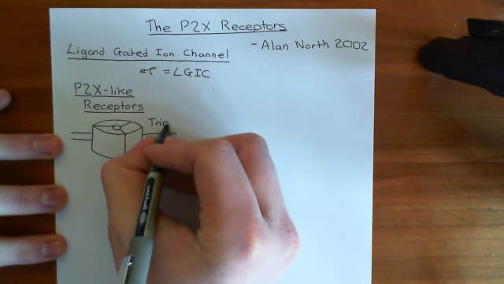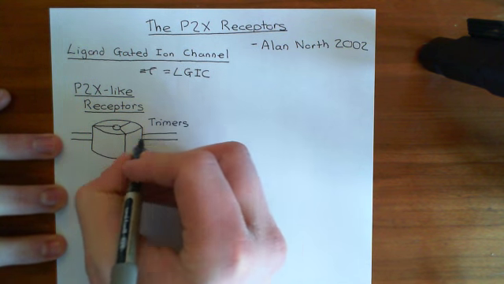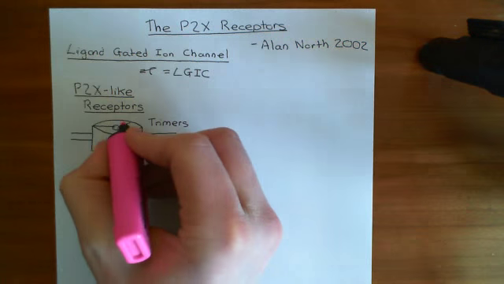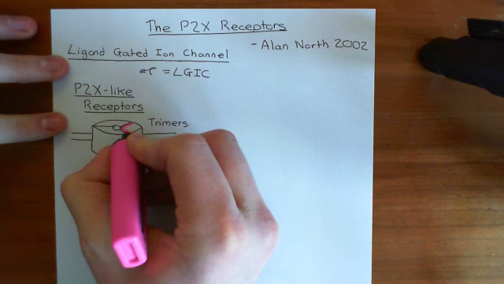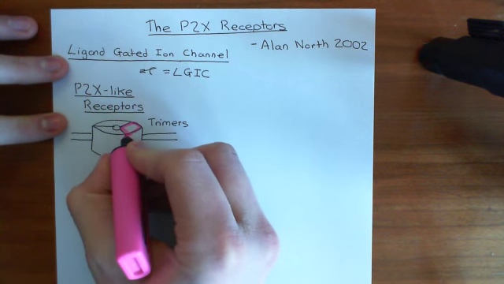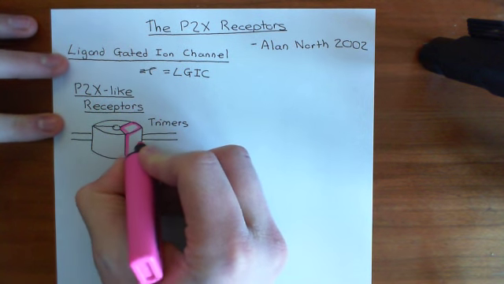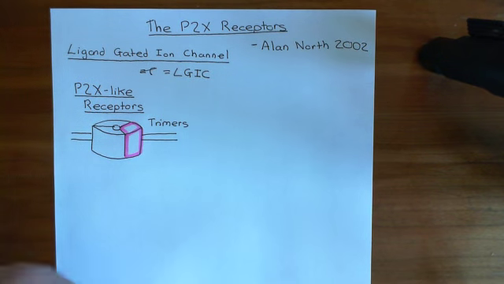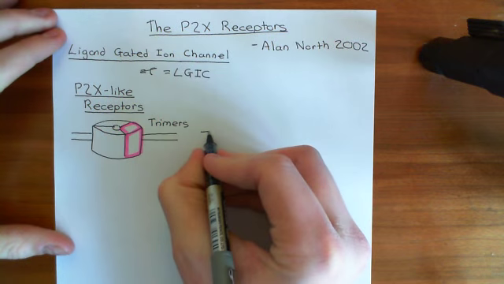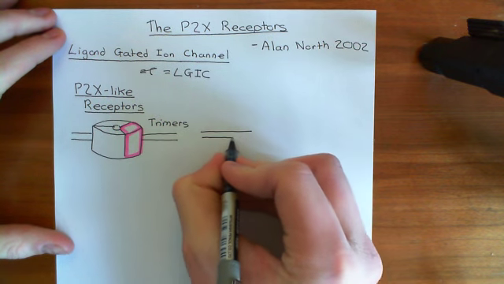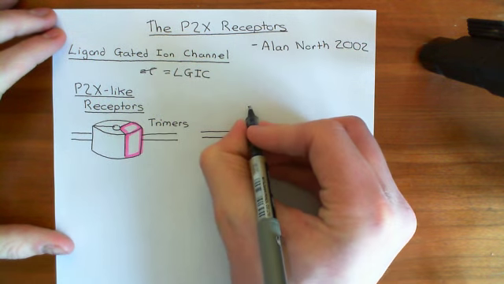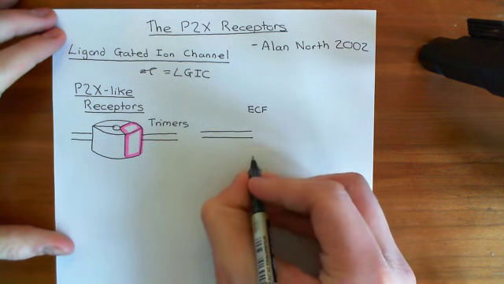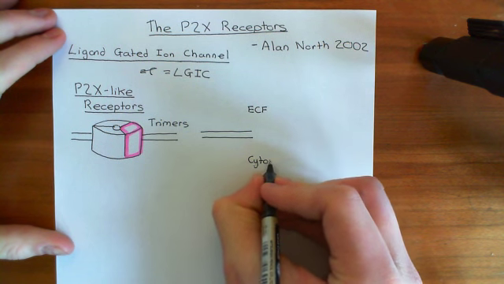In addition, if we look at the structure of one of these subunits of a P2X-like receptor, it has conserved features. Let's pull out one of these subunits and have a look at its membrane-spanning topology. If I draw the membrane here, let this be the extracellular fluid side, ECF, and let this be the cytoplasmic side.